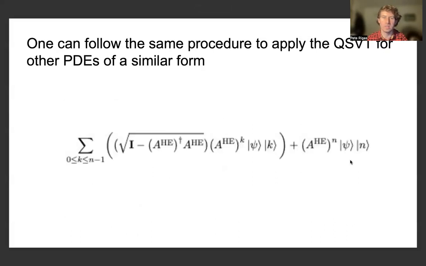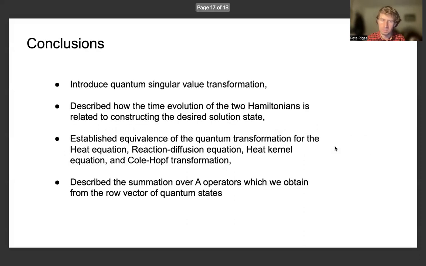And one can follow the same procedure to apply the QSVT to other PDEs of a similar form, namely taking this summation over n minus 1 terms and the nth term and looking at what the expression for the A operator would be for other partial differential equations, and forming a summation for any partial differential equation that we're interested in solving, given that it satisfies a particular form of being a first order partial differential equation in which the time derivative of the quantum solution state that we're using to approximate the solutions at different time steps of the evolution is equal to B times the solution state itself.